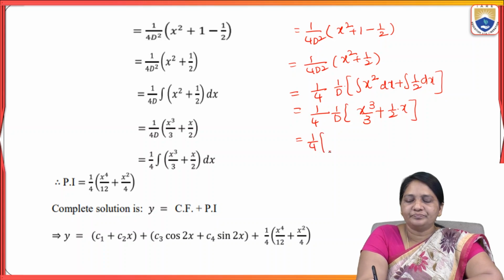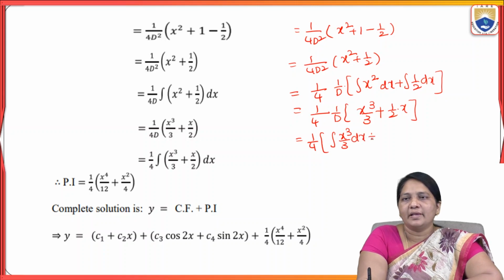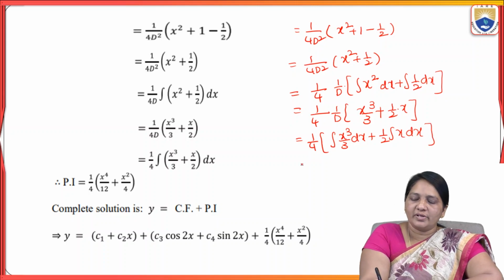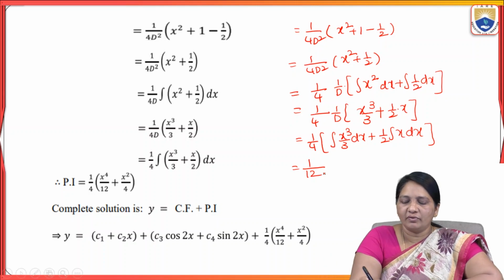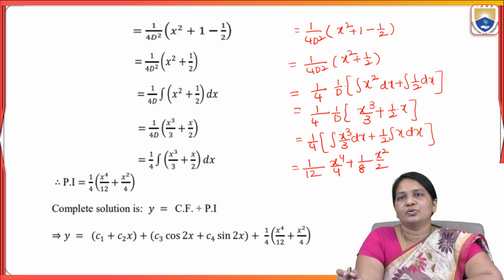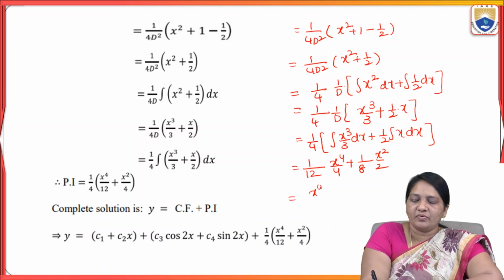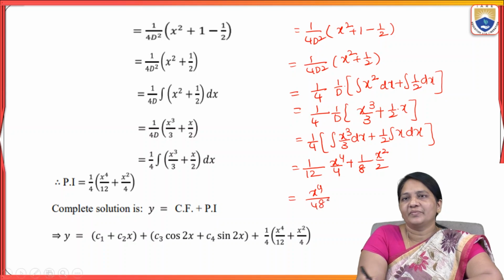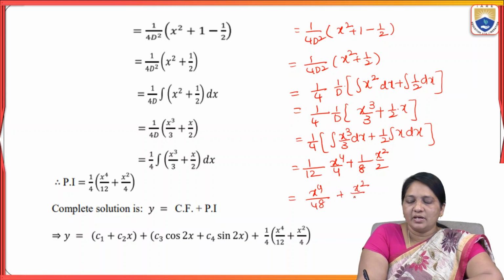So 1 by 4, again integral x^3 by 3 dx plus 1 by 2 is the constant, integral x dx. Now what is the final value? This is 1 by 12 integral x^3, which is x^4 by 4, plus 1 by 4, 2 twos are 8, integral x is x^2 by 2. So finally this value is x^4 by 48 (12 fours are 48) plus x^2 by 16 (8 twos are 16). So this is our final value.